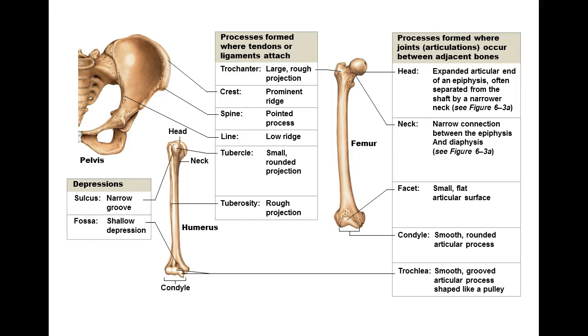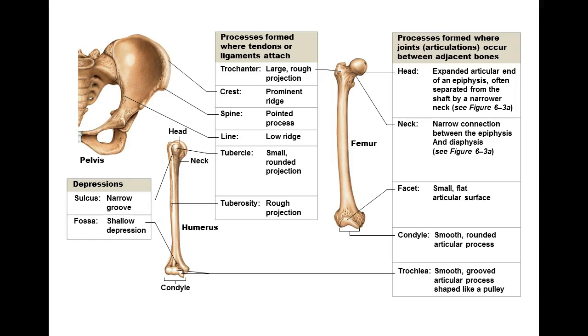Then in the rest of the skeletal system, that was mostly the head, and understand that you have those processes throughout the bones. Another area is sulcus and fossa, and these can be depressions, and they're generally where a tendon can be regulated, so it's not so much attached.